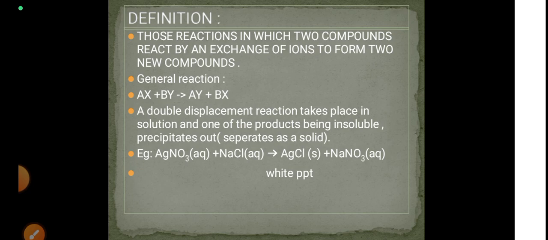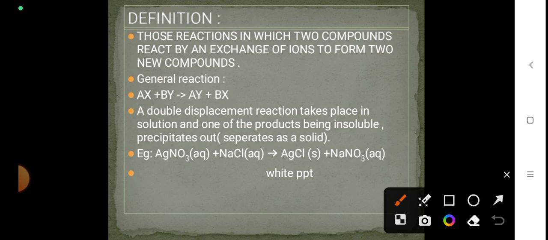When you look at the general formula, you have AX plus BY giving rise to AY and BX. Look at the charge on the four elements. A is a cation, X an anion, similarly B a cation and Y an anion.